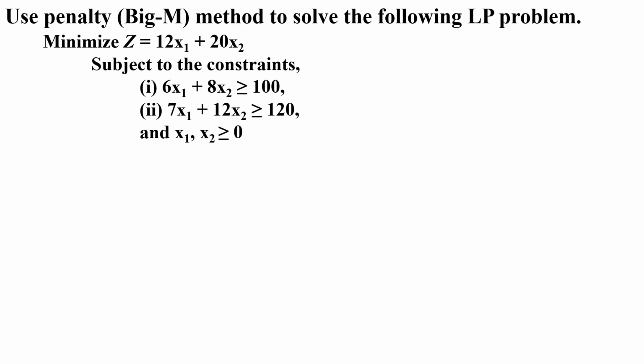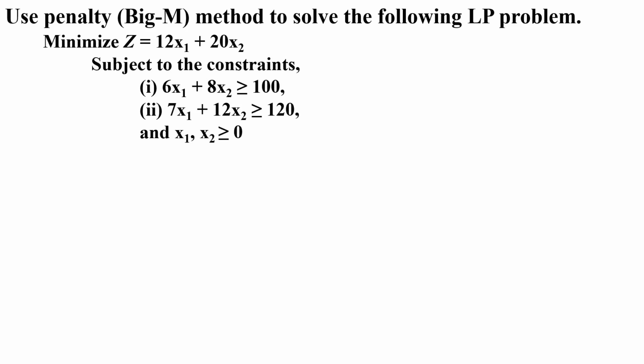Let's see the solution. First observe whether the given problem is a maximization or minimization model. Here the given problem is a minimization model. Then we have to convert the minimization model into maximization by multiplying the objective function with -1.